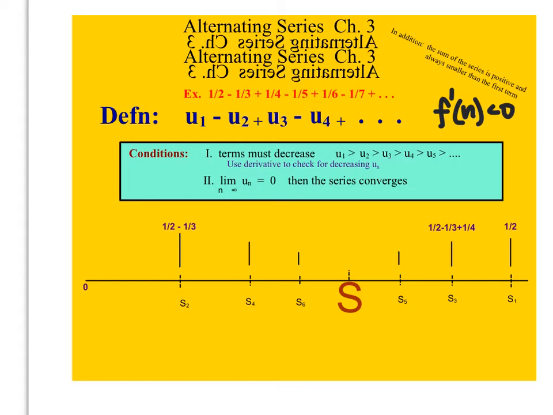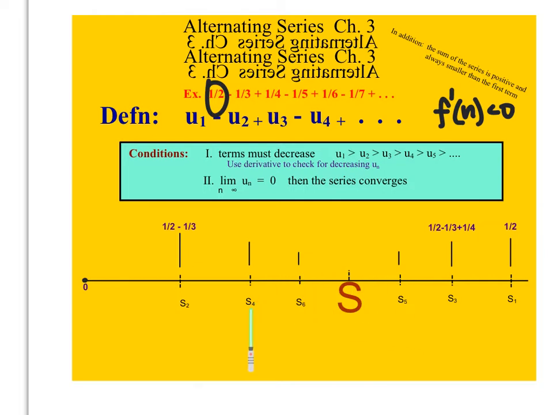So we said that the first term was 1/2. Okay, so we start at 0, we add 1/2. Now we're over here. So that's our sum of our first term. Then we subtract 1/3. That brings us back over here. That's the sum of our first two terms. Then we add 1/4. There's S3. Then we subtract 1/5.